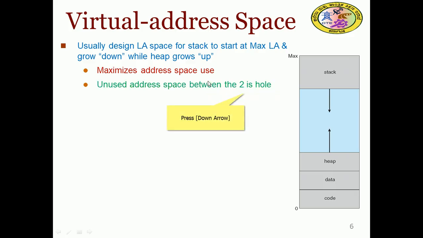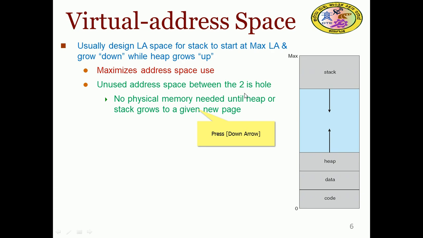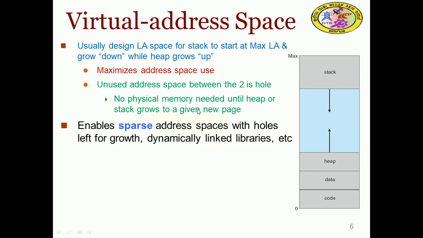The unused address space between the stack and heap is a hole. No physical memory is needed until the heap or stack grows to a new page. This enables a sparse address space with holes left for growth.